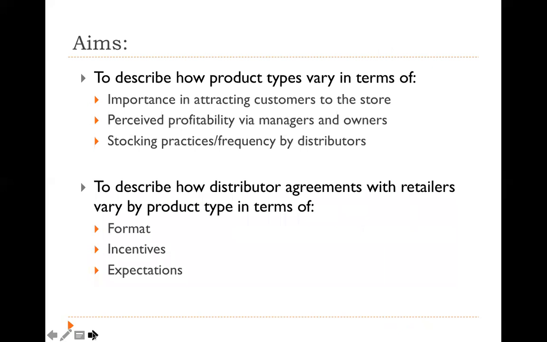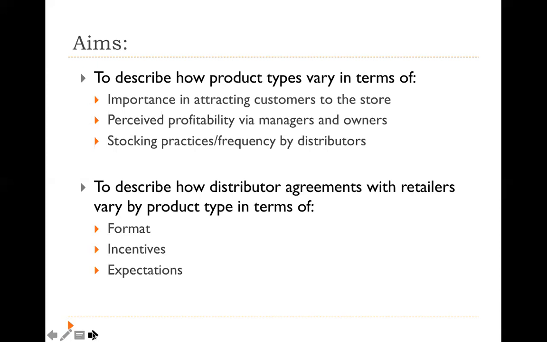So the aims of this work are to describe how product types vary in terms of importance in attracting customers, from the manager or owner's perspective, perceived profitability, and also stocking practices of the distributors of those items. Then ultimately, to describe how distributor agreements with retailers vary by product in terms of format, whether it's formal or informal, in terms of the incentives associated with those agreements, and in terms of what the distributors expect as a result of receiving those incentives.